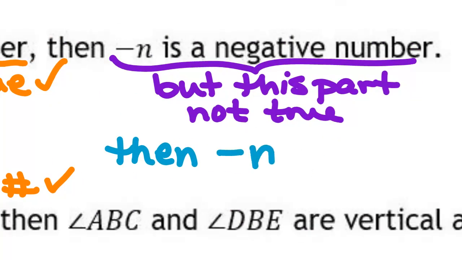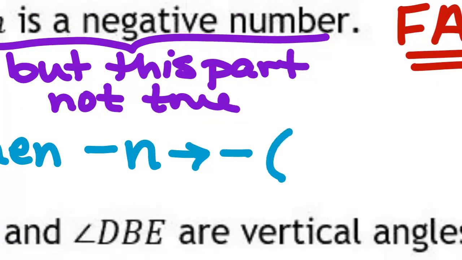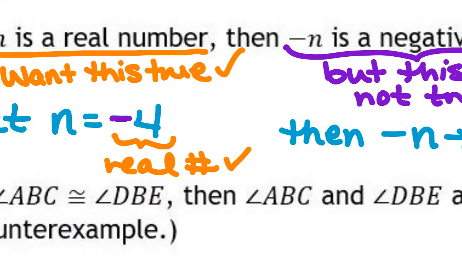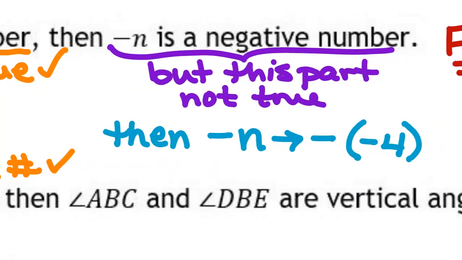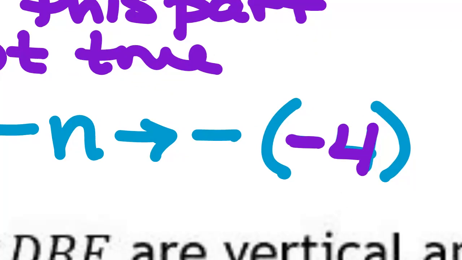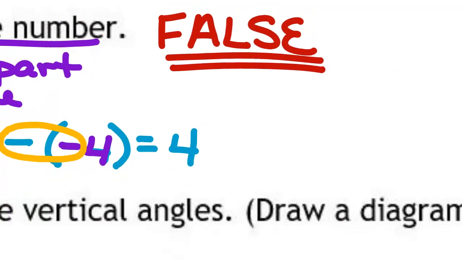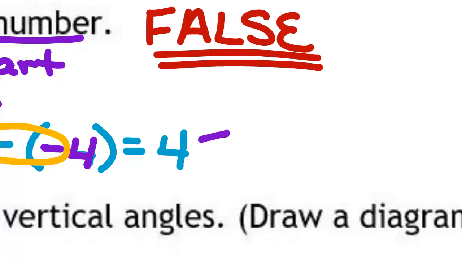Then -n would be -(-4), because I'm taking this right here, -4, and putting it in the place of the n with the negative sign out in front. Well, what happens when you have a negative and a negative together like this? It becomes a positive. So -n would then be a +4. This is not a negative number.